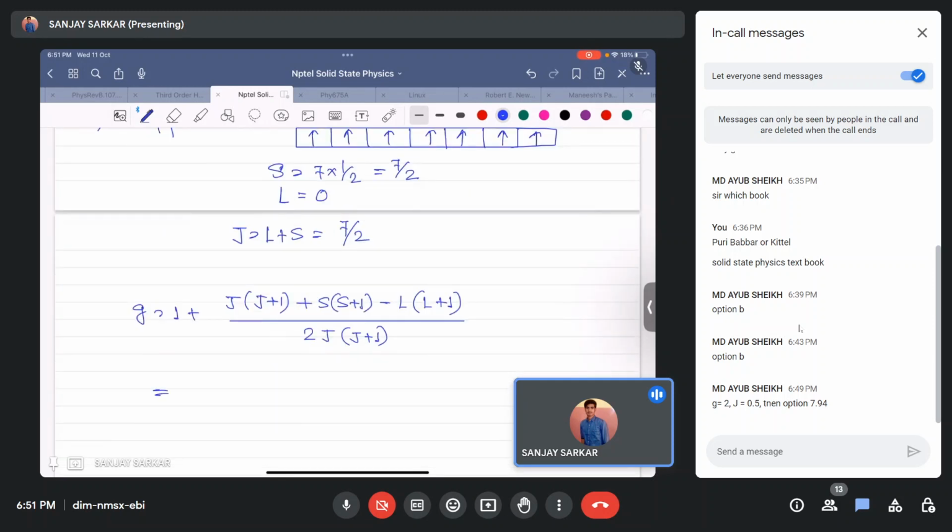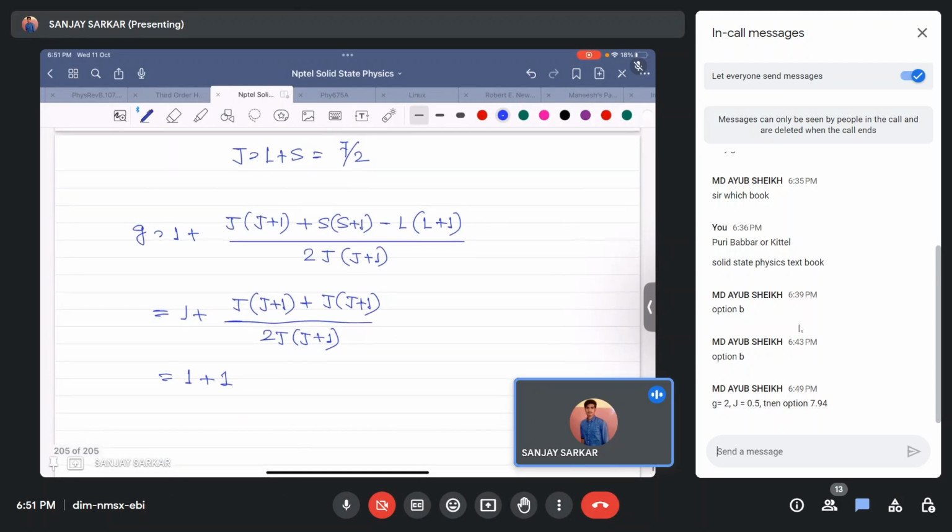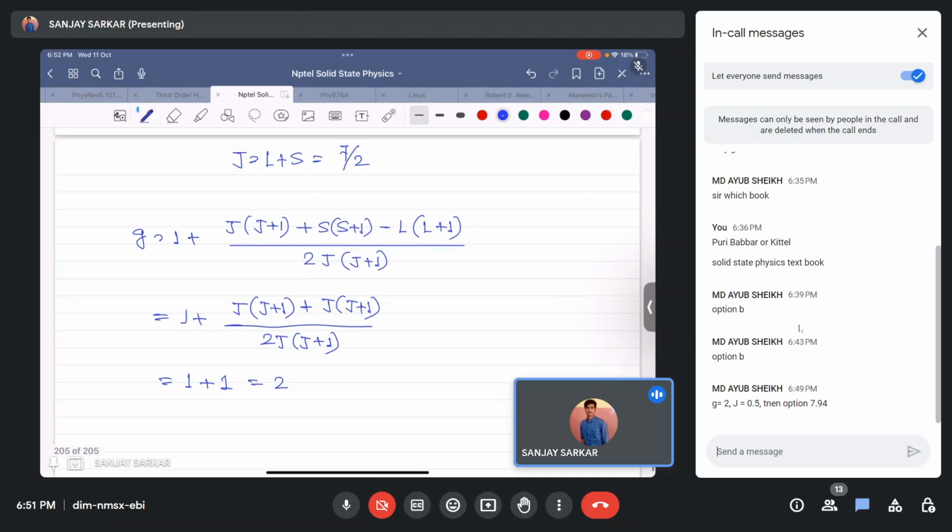Now L is 0 and S is equal to J, so it will be 1 plus 2 J into J plus 1, divided by 2 J into J plus 1, that is 1 plus 1. So G is 2, and J is 7 by 2.